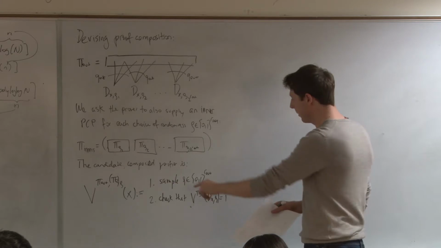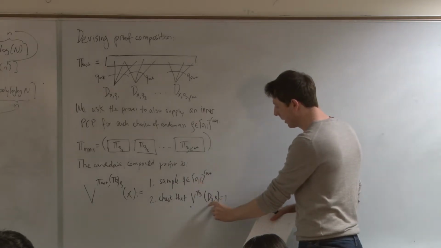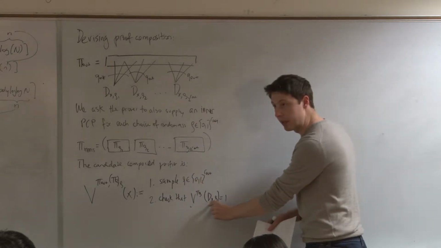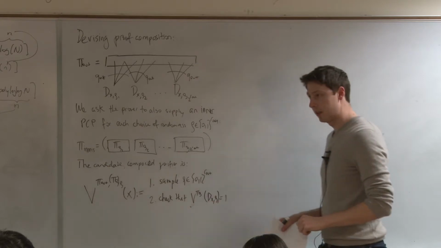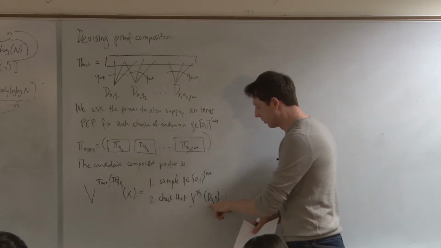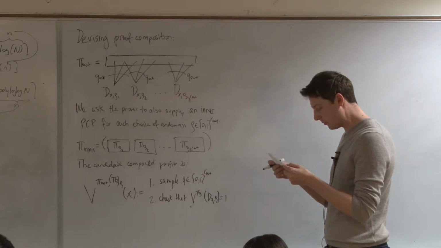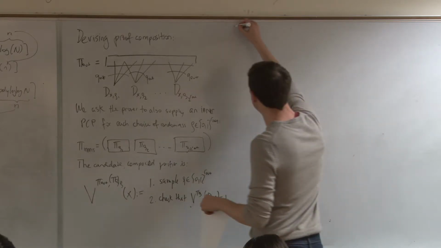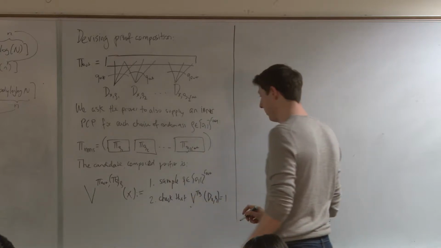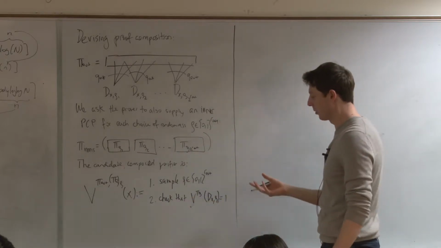Right? It says, let me pick a random check and let me check that the circuit that it can construct is satisfiable, okay, using the inner PCP. So this is just an attempt, and it's actually pretty broken.